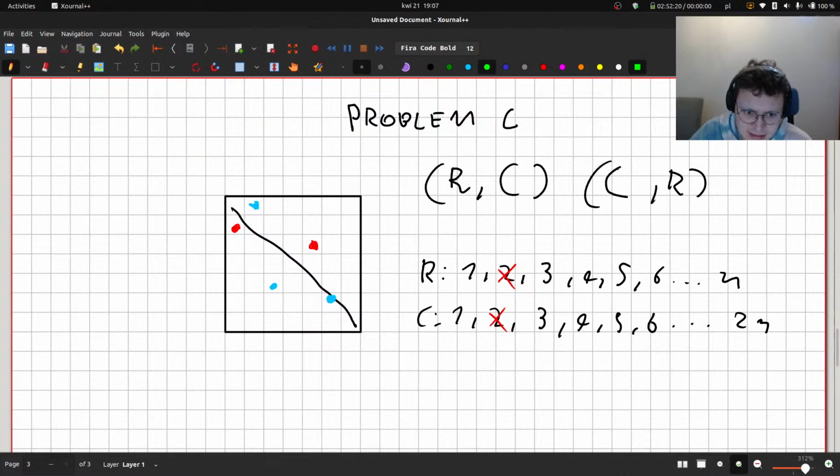But if we pick something with a different row and column, let's say 3, 5, then we delete the third row and the fifth column, but also the third column and the fifth row, right?